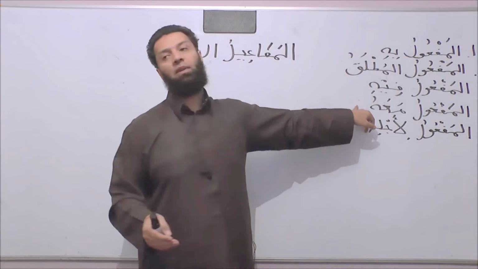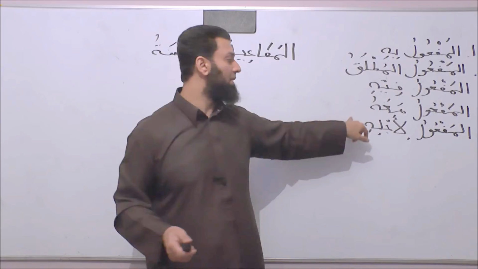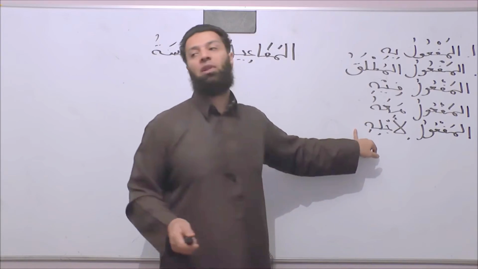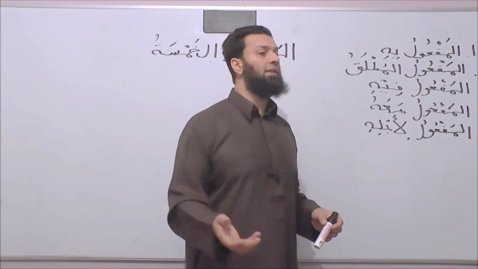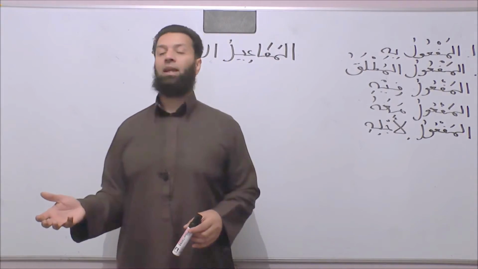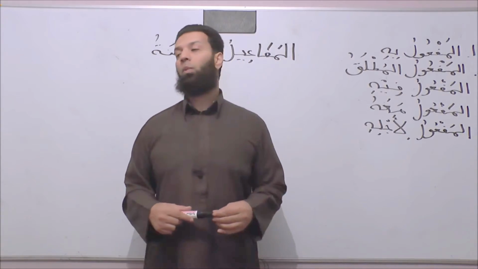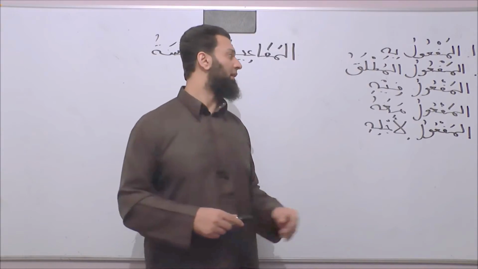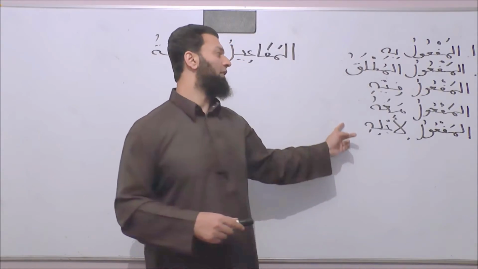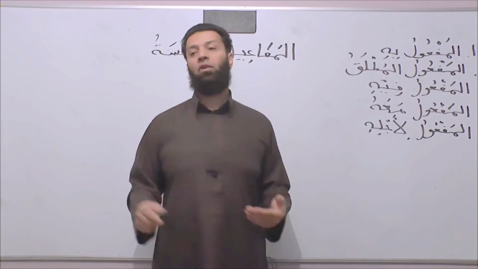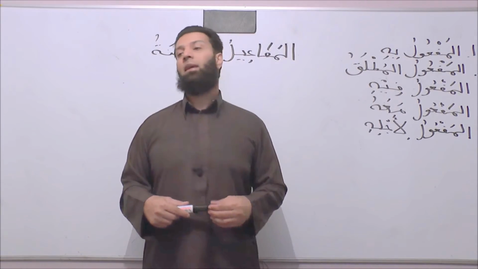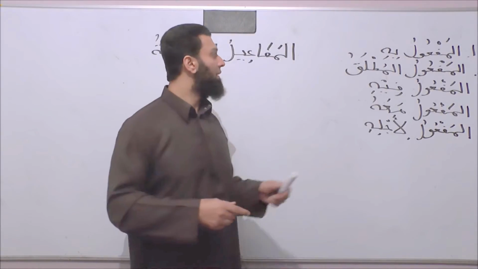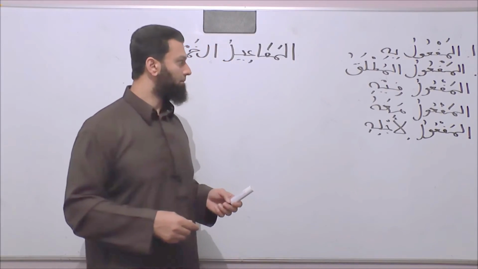Al-maf'ulu ma'ahu is the object of accompaniment, and al-maf'ulu li-ajlihi is the object which represents the reason for the action taking place. And we will, inshallah ta'ala, explain each of these different types of mafa'il during the course of the following lessons. The first, therefore, is al-maf'ulu bihi.